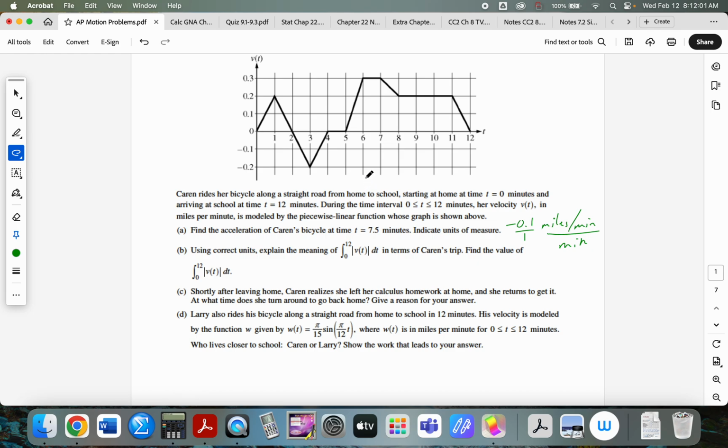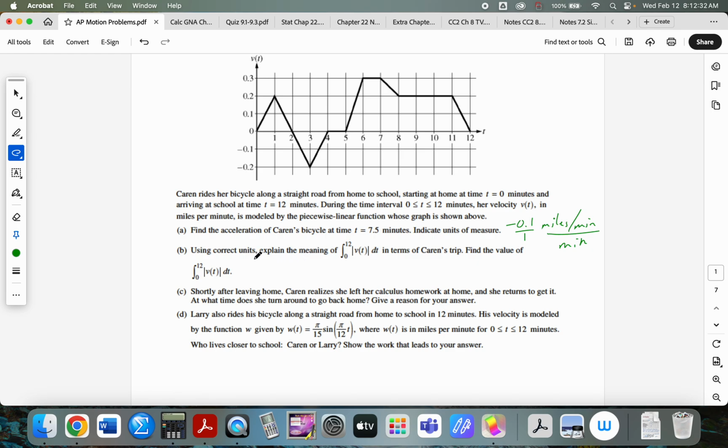But I think I've preached enough on the fact that I think this explains what's going on better than miles per, what's a square minute. All right, using the correct units, explain the meaning of the integral from 0 to 12 of the absolute value of v of t dt in terms of Karen's trip. Find the value of that integral. So what is that? That's one you have to have just memorized. The total distance traveled.